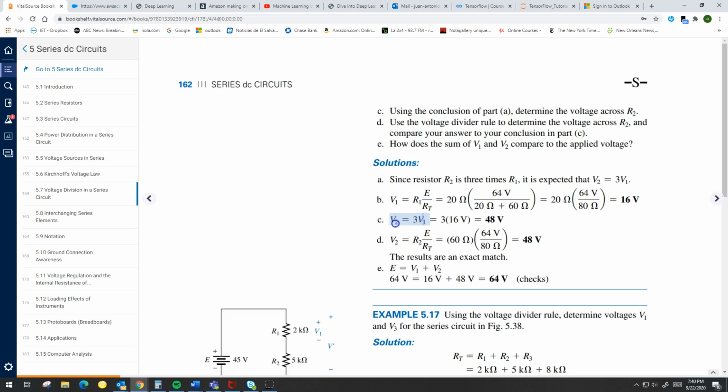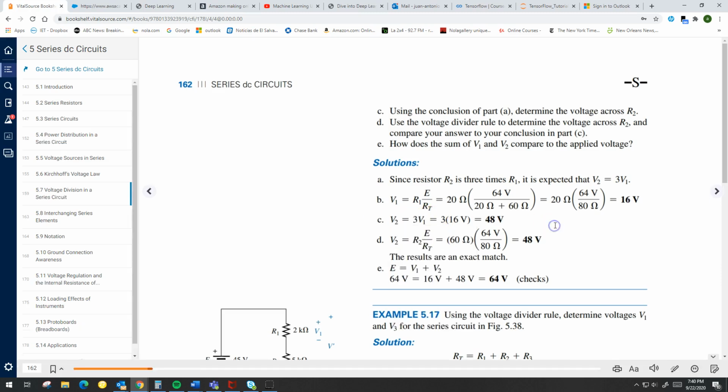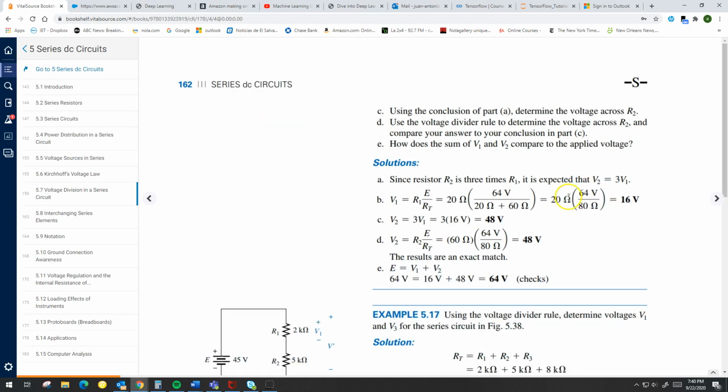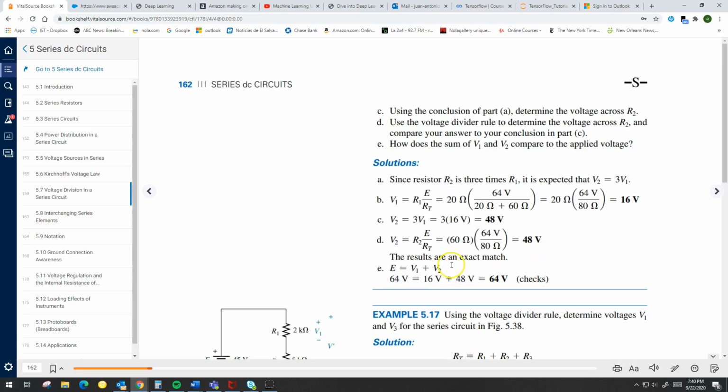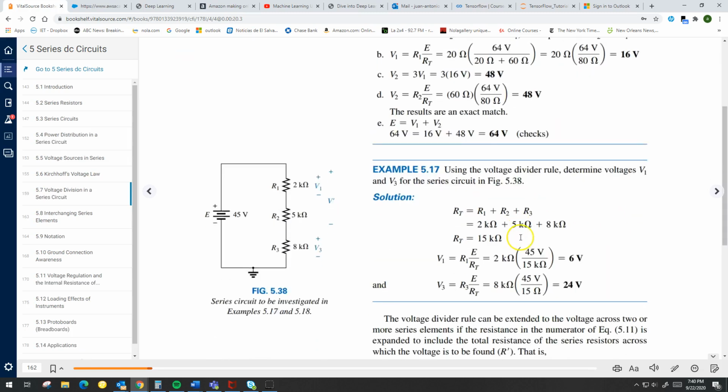This expression, why V2 is 3 times V1. How do we get this voltage V1? Based on the voltage division rule, and why this corroborates what we already know from KVL. Okay, so this is a very useful example.